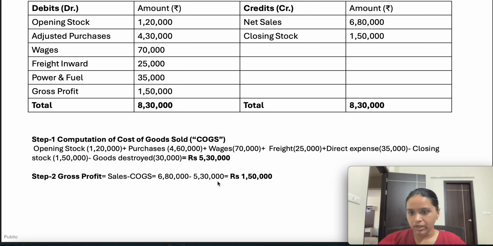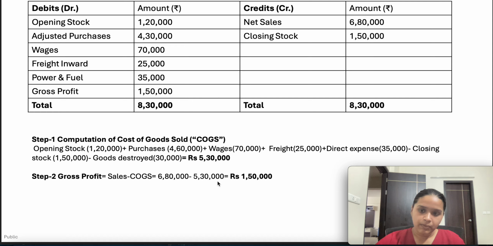COGS is cost of goods sold, and it is calculated as opening stock plus purchases net of returns minus closing stock, plus any direct expenses incurred, any loss incurred due to fire, purchases the owner has withdrawn for consumption, or any other expenses like freight, carriage, wages, right?